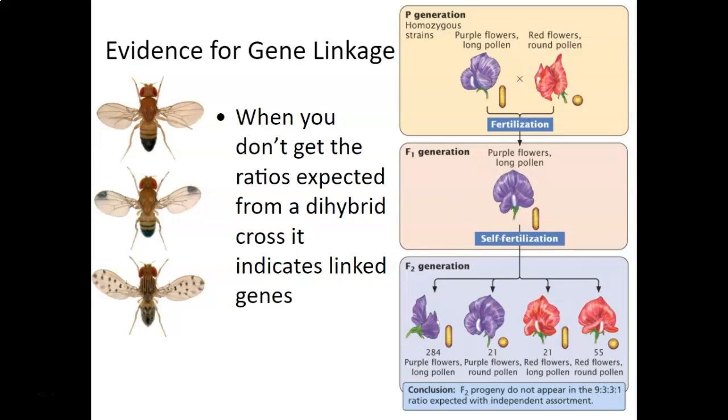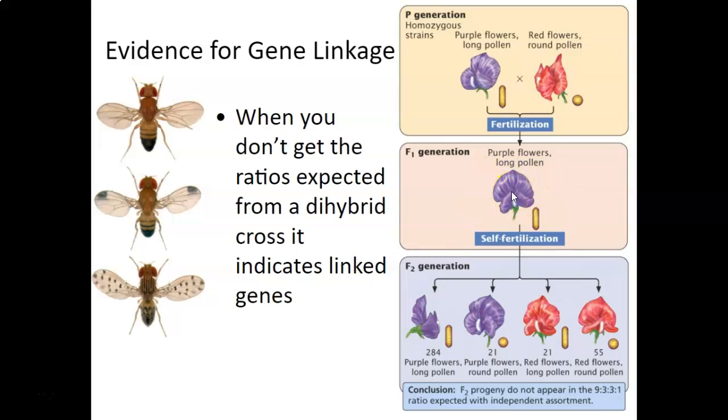This is talking more about why we know that this happens. It's the idea that you are not getting the ratios that you are expecting from a dihybrid cross, right? If you had a homozygous strain for purple and for red flowers, and then you had the F1 generation, you would expect to see all long pollen purple flowers, right?